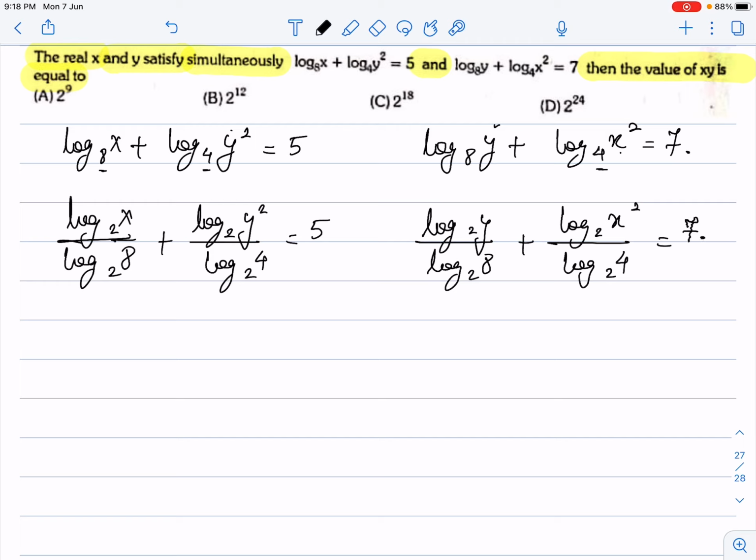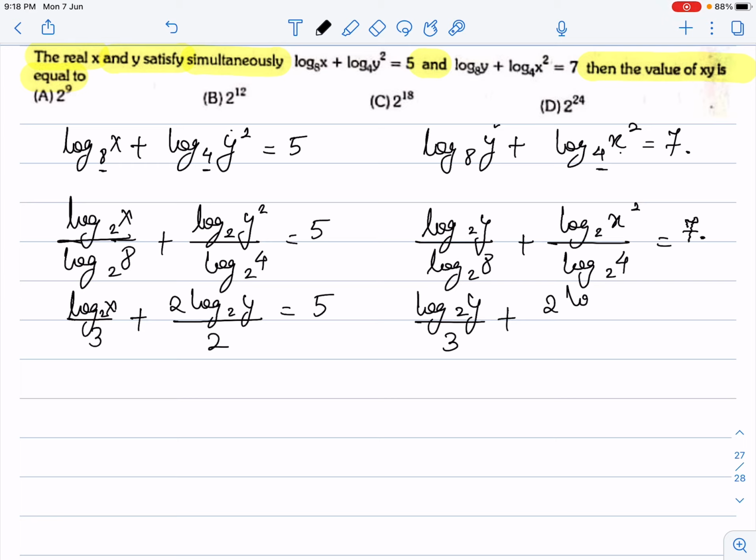Now one law of logarithm is known to all of us. I'll write log x base 2 divided by 3 plus 2 log y base 2 divided by 2, because log 4 base 2 is equal to 2, we know, is equal to 5. Then log y base 2 divided by 3 plus 2 log x base 2 divided by 2 is equal to 7. This 2 will cancel this 2, and this 2 will cancel this 2.